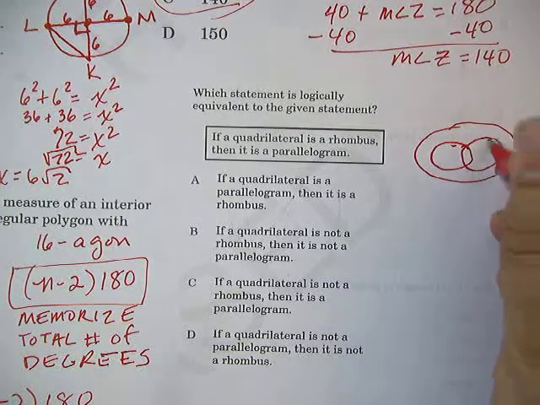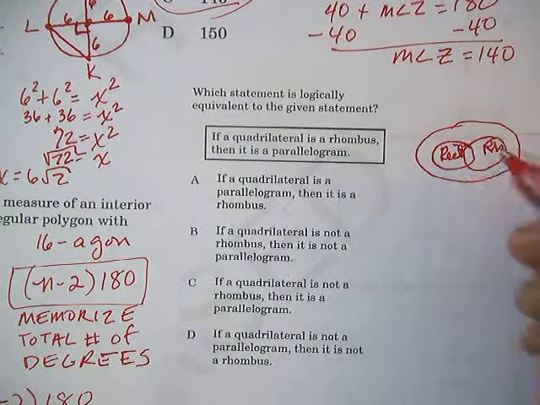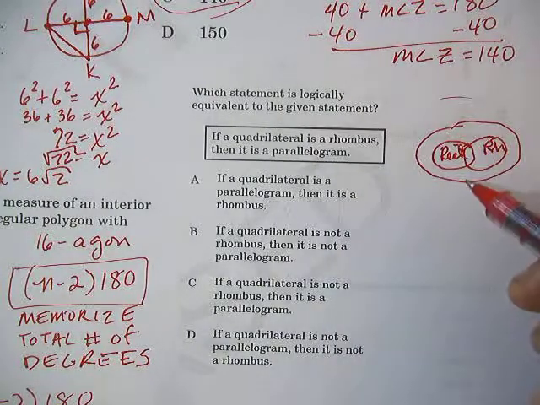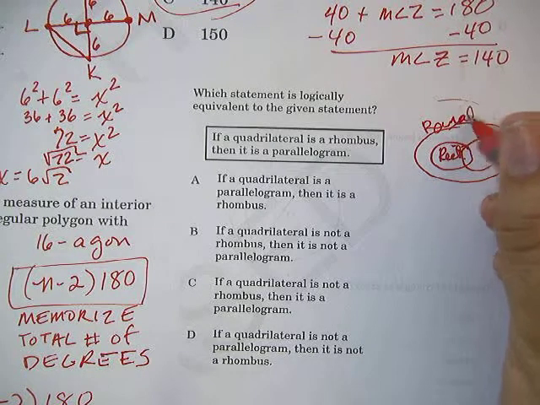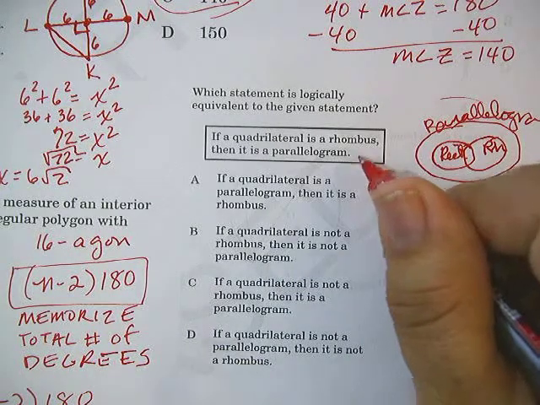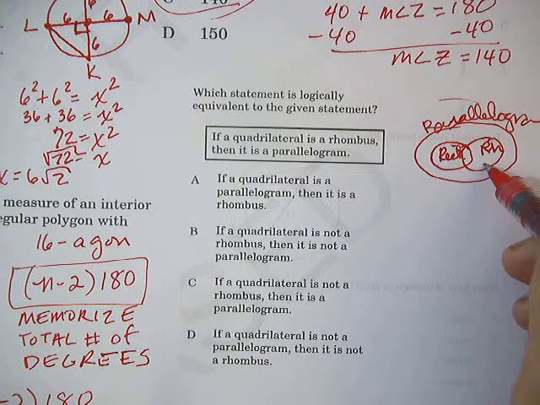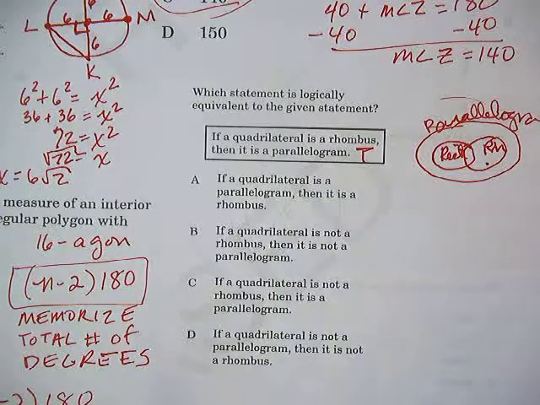Rhombus was over here and squares were over here. I'll do RH for rhombus, rectangle, and then squares in there. And all of these are parallelograms. If I'm in the rhombus part, then I'm definitely a parallelogram. So this statement is always true.